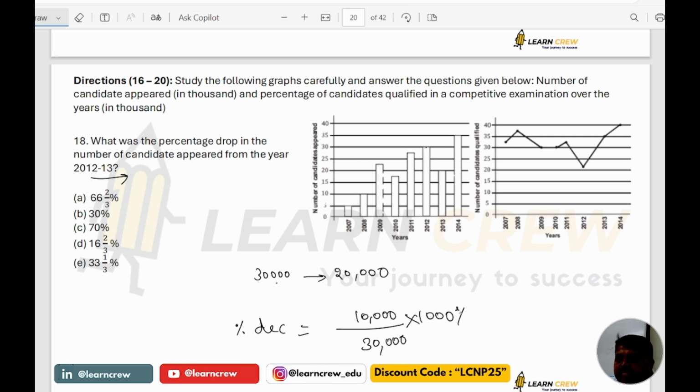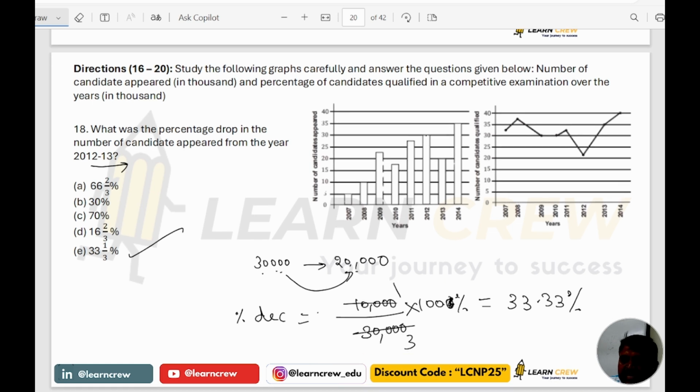Change by initial into 100 is the percentage change, which I already told. Percentage drop, percentage decrease, is change by initial value into 100, which is 1/3. 1/3 means how much? 33.33%.